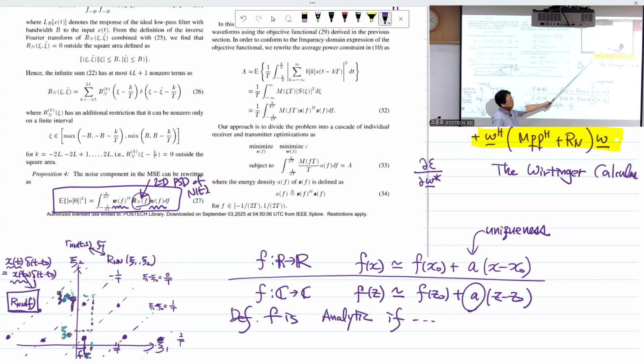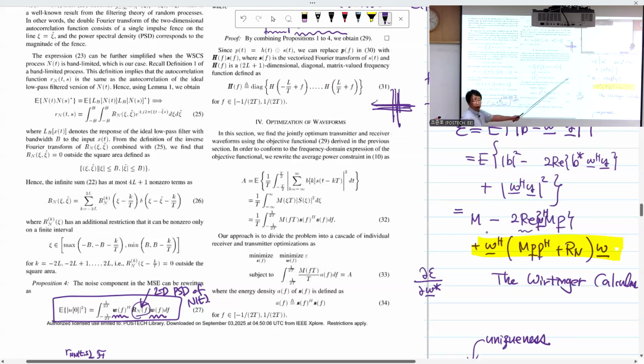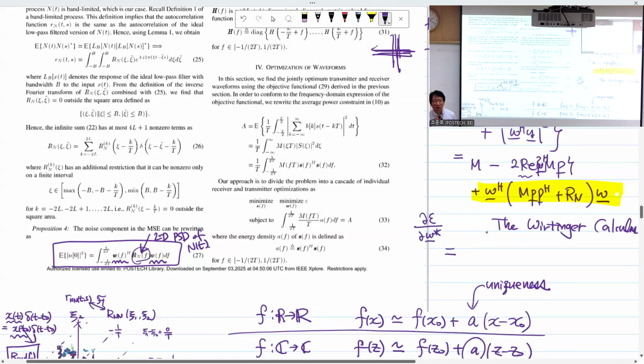So here, let me go back and say that this objective function is fortunately an analytic function. The partial derivative with respect to W and the partial derivative with respect to W conjugate both give you the same thing, but the derivative with respect to W conjugate gives a much more compact form of the result, and that result is very similar to what you already know for real valued quadratic functions.